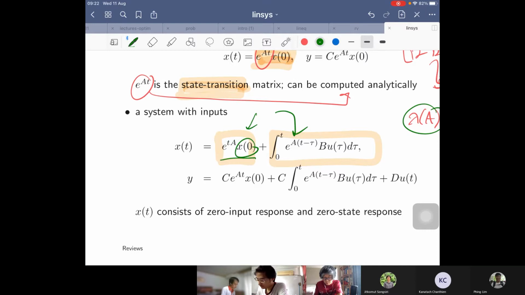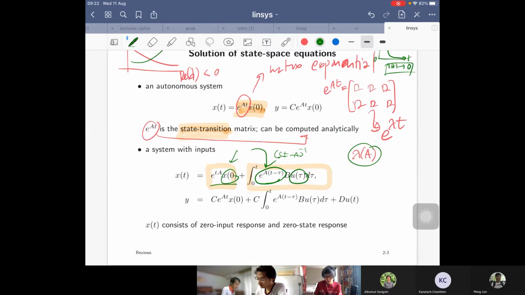The second term comes from the convolution between state transition matrix and the input u. And then the output, of course, is just to multiply C to the whole term.